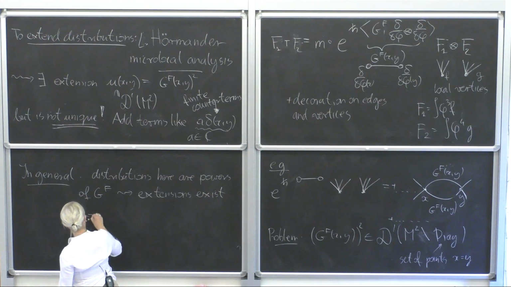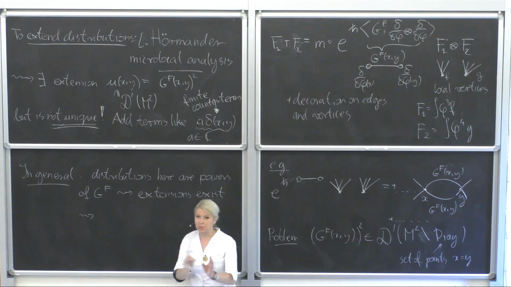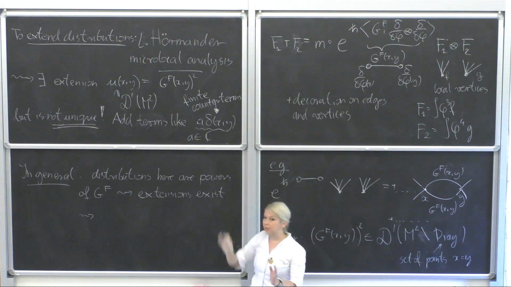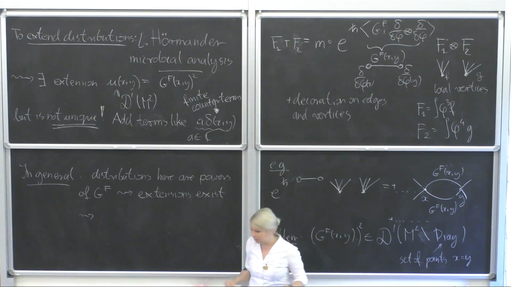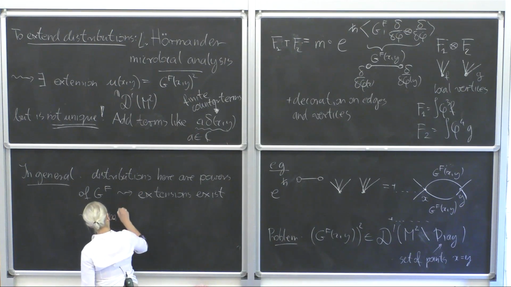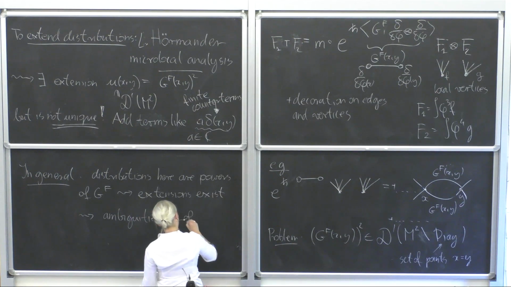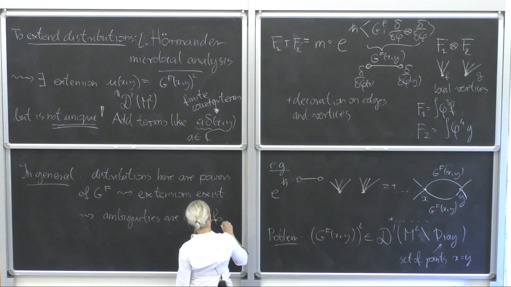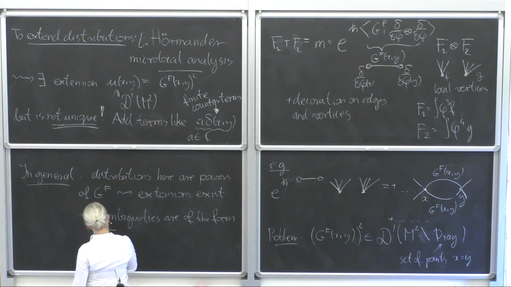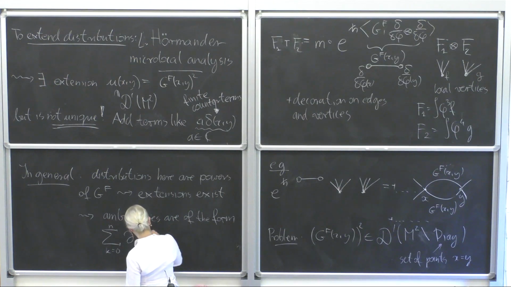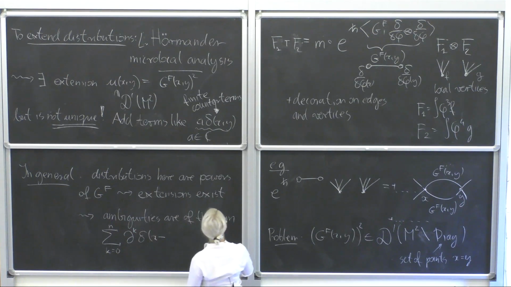and we also have another result that this ambiguity is always supported on the diagonal. So here it was just delta. In general, it's delta and its derivatives. So ambiguities are of the form, okay, so here is, let's say, k equals 0 to n, and some derivatives of, how did they write it?